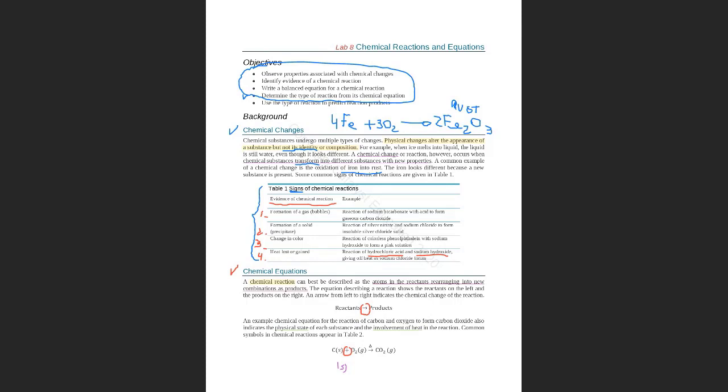And what else do we use? Look at this little triangle on top of the arrow. That little triangle represents heat. That means that you mix the reactants that are on the left of the arrow, and you apply heat in order to obtain the product.